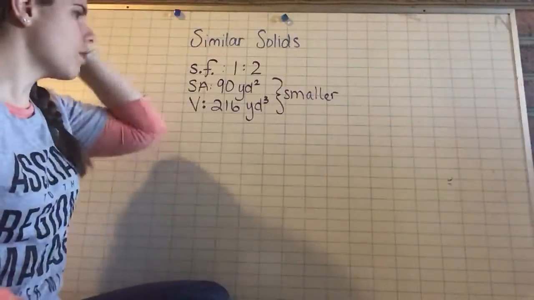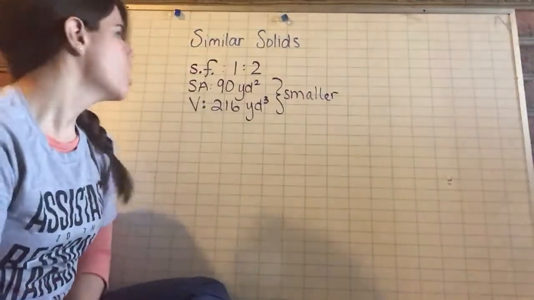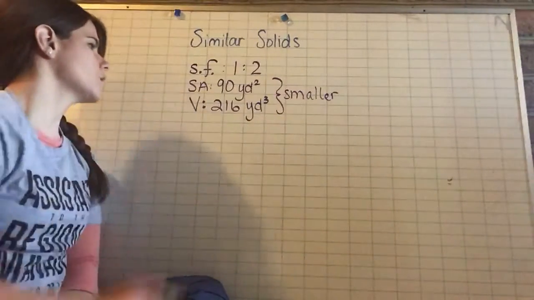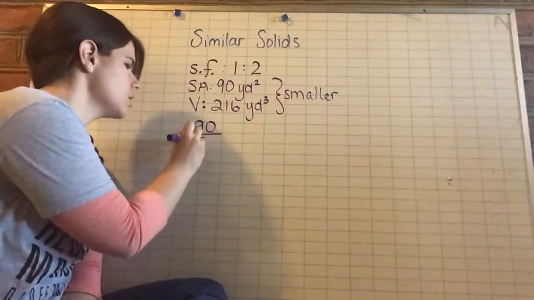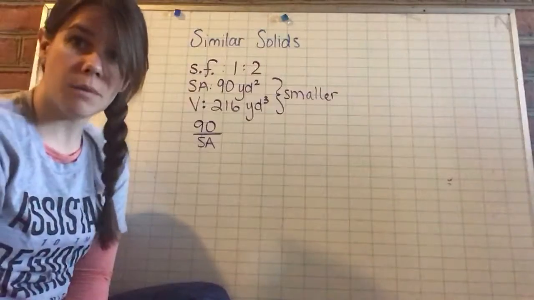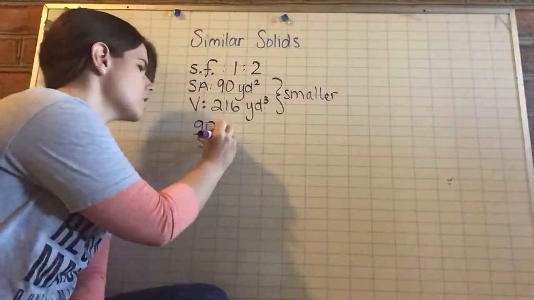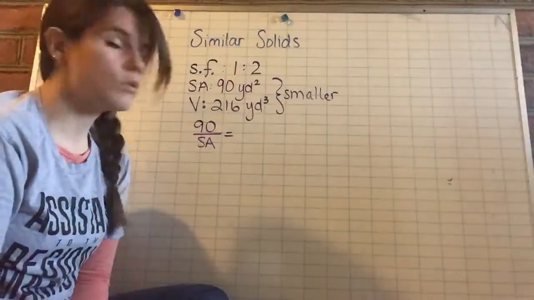All right, so we have to do this 2 different ways. We can't do it all at once. So I'm going to start with the surface area, and I know I have a surface area of 90, and so I'm going to need to find the surface area of my larger figure using my scale factor. But I cannot just set this equal to 1 over 2 because that's the scale factor, and I'm dealing with surface area.